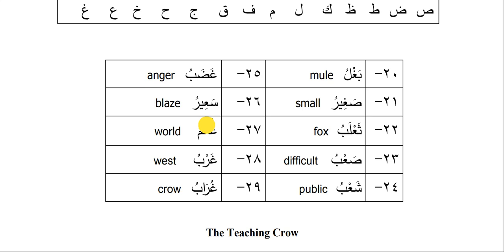Alam with a fatha means the world, and alim with the kasra is the teacher or knowledgeable person. Alim comes from the verb alima, to know, the knowledgeable. And gharb, west. Ghurab, crow.